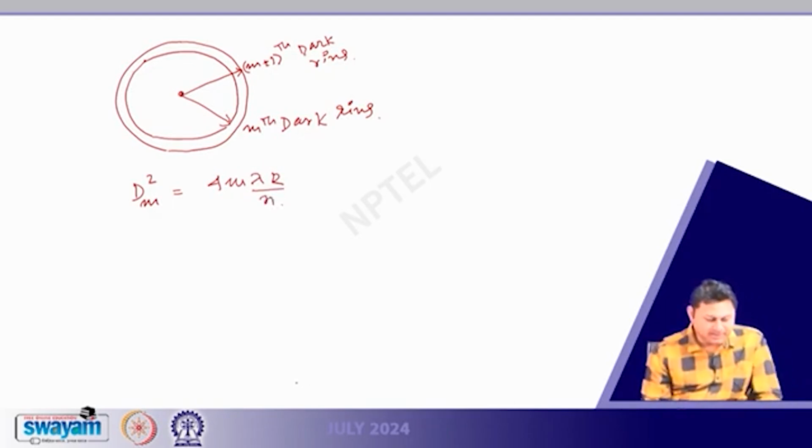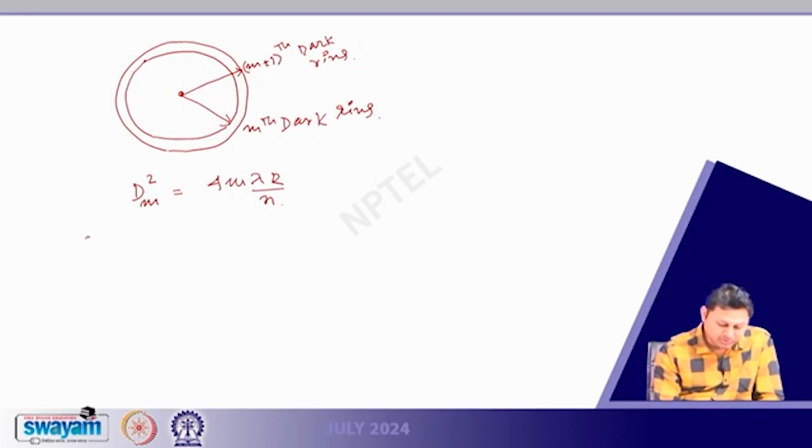So the difference of the diameters of the mth and m plus 1th order dark rings can be calculated simply by putting m to m plus 1.